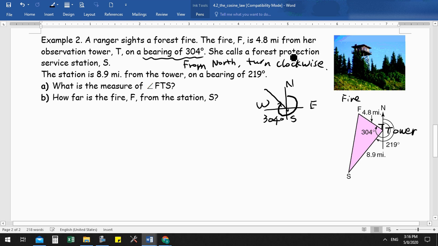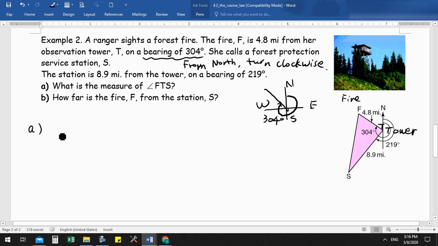She calls a forest protection service station, which is at S, 8.9 miles from the tower on a bearing of, from north turn clockwise, 219 degrees. Then the question asks what is the measure of angle FTS.